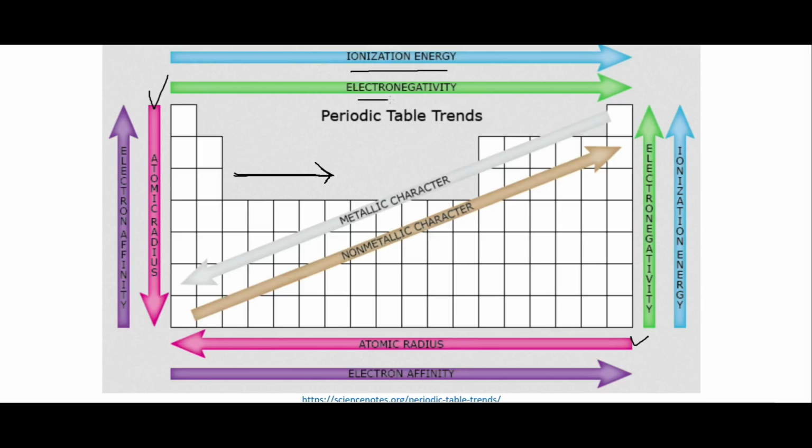Electronegativity, so that's in like a molecule, like an atom sort of pulls electrons to it. If there's more positive charge, it's going to pull electrons to it, so more electronegativity. And then same with electron affinity.